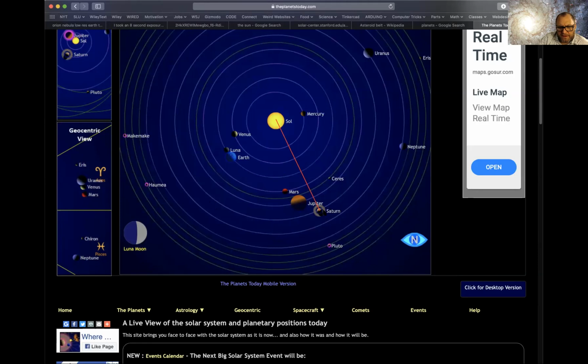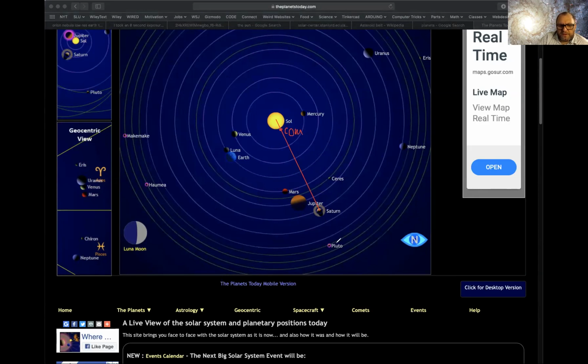If Jupiter is about right there, it's not really that close to Saturn on this map, but that's fine. That would mean the center of mass of the solar system is about there. There's our center of mass.